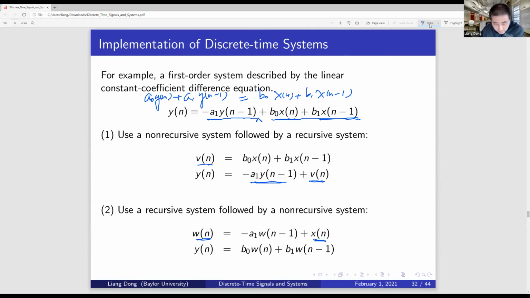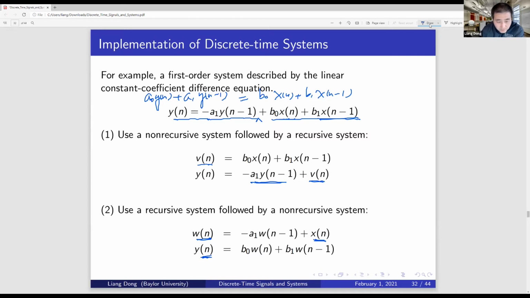And then we have a non-recursive system, where we take this intermediate value w and compute b0 w[n] plus b1 w[n minus 1]. Then you will get exactly the same output y[n]. If you combine these two together, you will retrieve the original difference equation here.